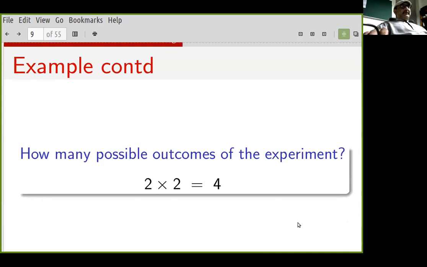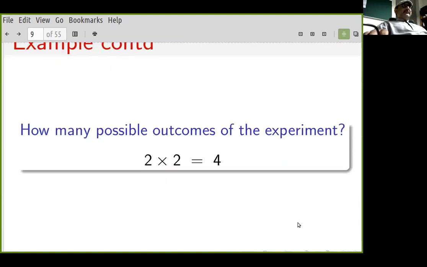And we noticed that this experiment involved 2 steps. The first step could result in 2 outcomes, and then the next step could result in 2 outcomes. And 2 times 2 is 4. And we said that there were 4 possible outcomes in this experiment.